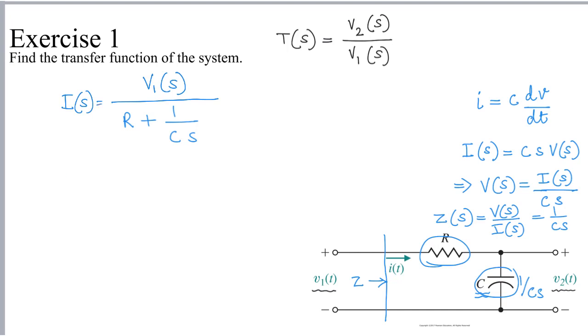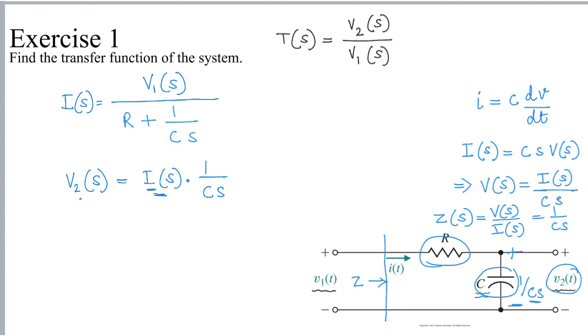We also can see that V2(s) is equal to I(s) times 1 over Cs, because V2 is the voltage across the capacitor, and the impedance of the capacitor times the current gives you the voltage.